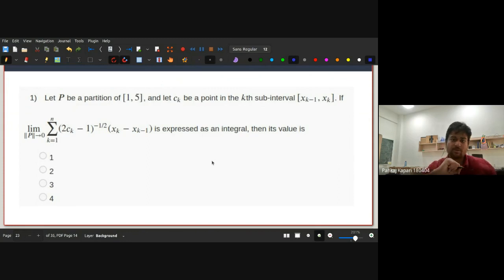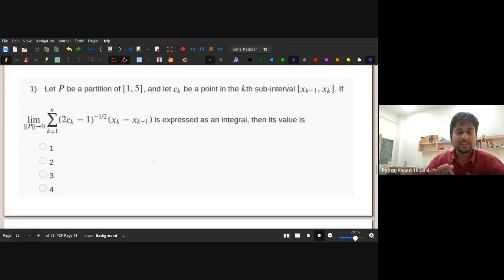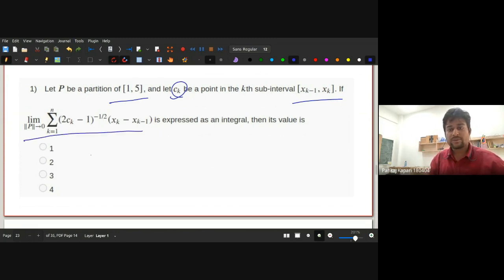In this problem we have to find this sum using the integral. We are back to the same kind of problems, but here a lot of information is already given. You have a partition of the interval 1 comma 5, and you are choosing this point ck inside the subintervals of your partition, and you have to find the limit of this sum.